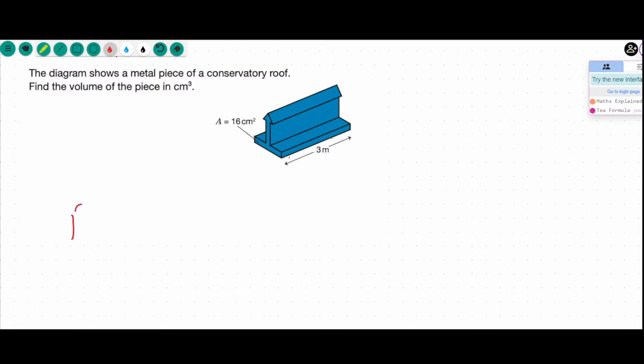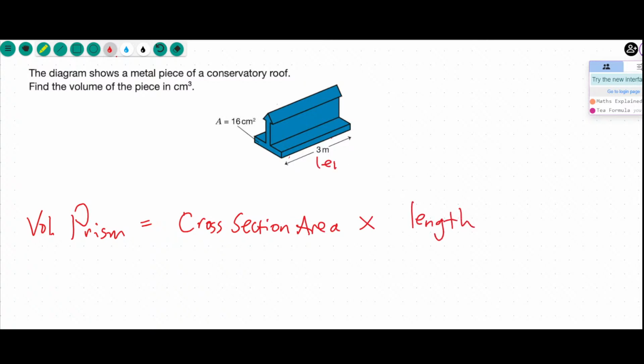So with all prisms, I'll call this the volume of prism. It's going to be the cross section area multiplied by what we call the length of the shape. In this case, the length here is 3, and the cross section is given as an area.